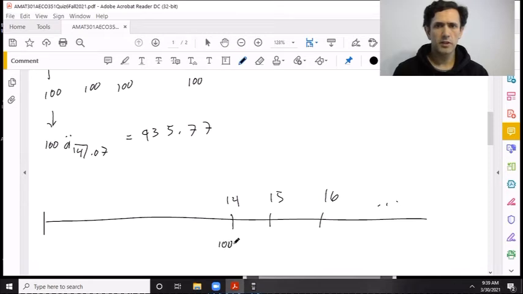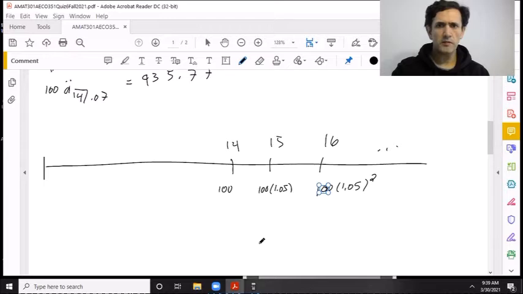So it's 100, 100 times 1.05, 100 times 1.05 squared. Okay, so let's get the present value here.